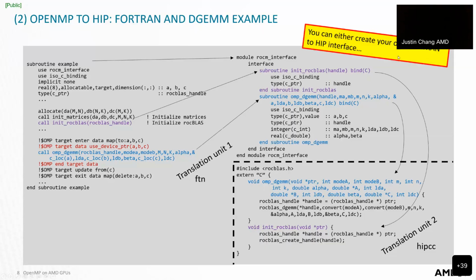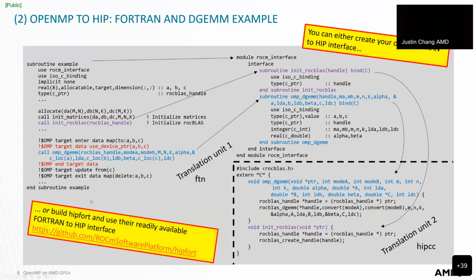Okay, and as I was alluding to, this is the first option. You could create your own Fortran to HIP interface, or this is actually what AMD recommends now. We suggest that you build hipfort and use its readily available Fortran to HIP interface. We find this to be much easier.